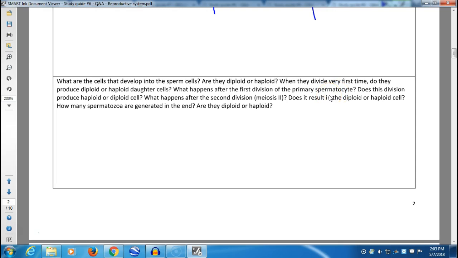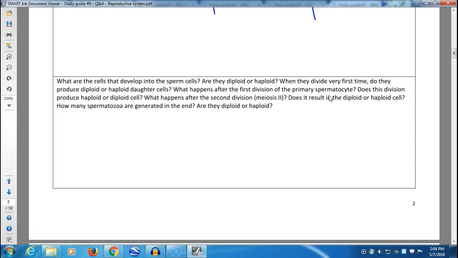So basically, what I want you to do with this is to review the process. I will not ask you if a secondary spermatocyte, I don't know, has a tail or something like that. No. But just know that spermatozoa, the functional sperm cell, is haploid, and there are 4 of them produced from 1 primary spermatocyte.